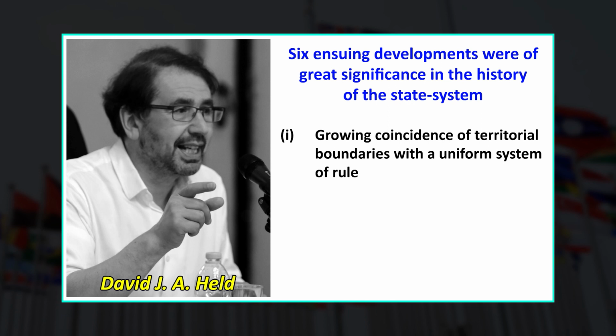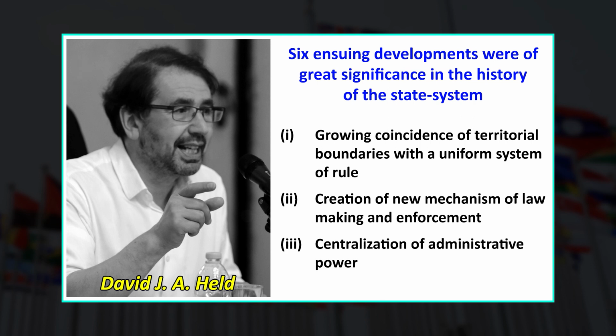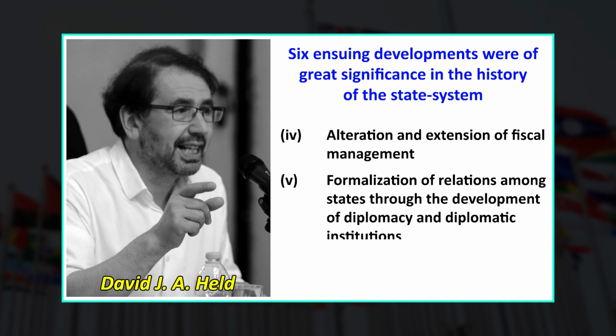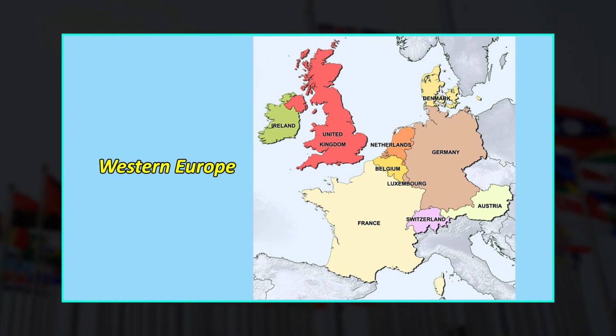These were the growing coincidence of territorial boundaries with a uniform system of rule, the creation of new mechanism of lawmaking and enforcement, the centralization of administrative power, the alteration and extension of fiscal management, the formalization of relations among states through the development of diplomacy and diplomatic institutions, and finally, the introduction of a standing army. Thus, the formation of absolute monarchies became the basis for further development of the state system in Western Europe.